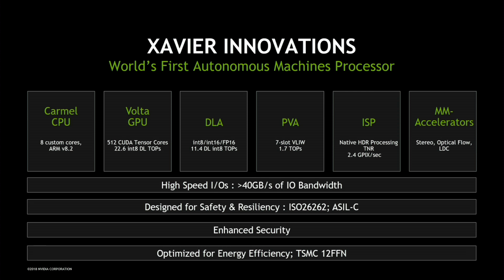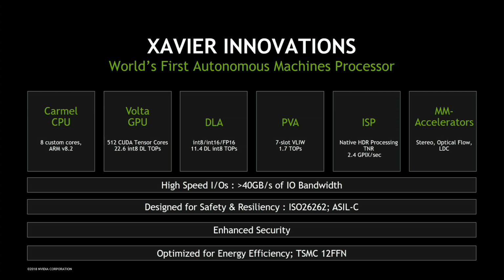But we knew that in the era of HDR sensors and these different environments, we were going to need to enhance the ISP. So we re-architected the ISP, added native HDR support and higher precision math, so we could keep the dynamic range and be efficient, and not have to go to the GPU for that sort of well-understood computer vision sensor processing.